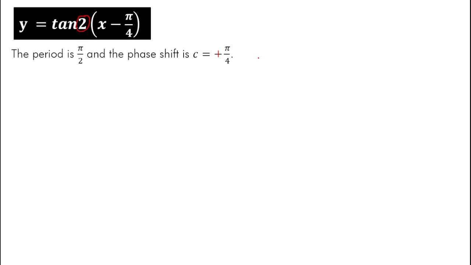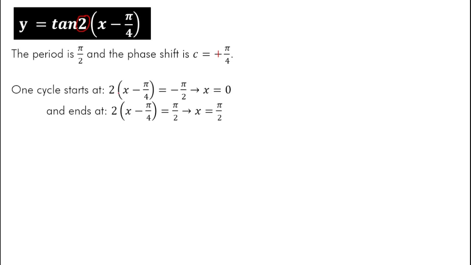Then we need to equate it to the period of the tangent parent function, from negative pi over 2 to pi over 2. So in this case, 2 times the quantity x minus pi over 4 is equal to negative pi over 2. Remember, the period that completes one cycle in tangent is from negative pi over 2 to pi over 2.